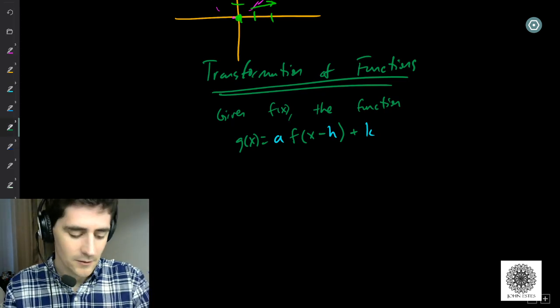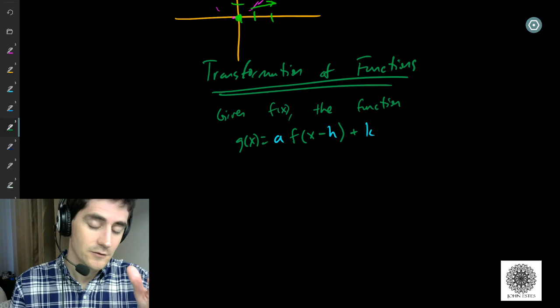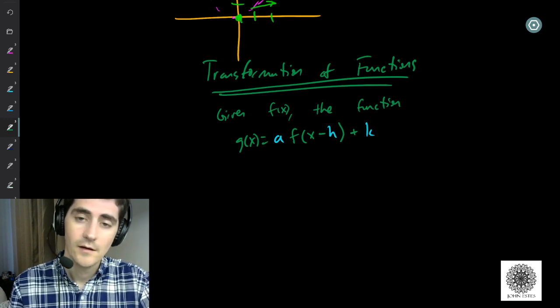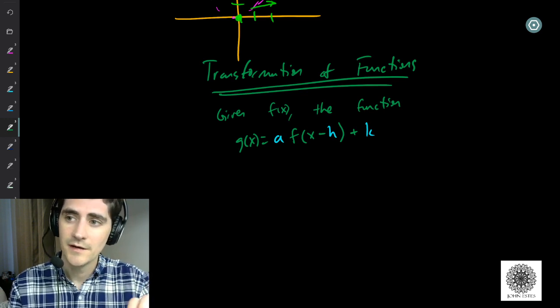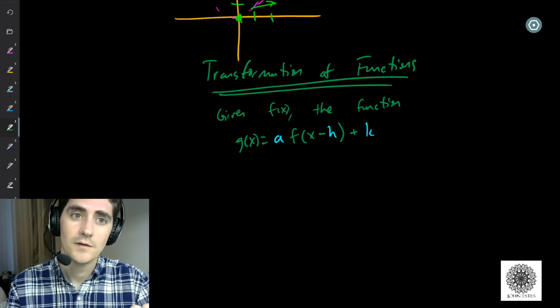How do you graph that? It's just a translation of the graph. We move h units left or right. We move k units up or down.